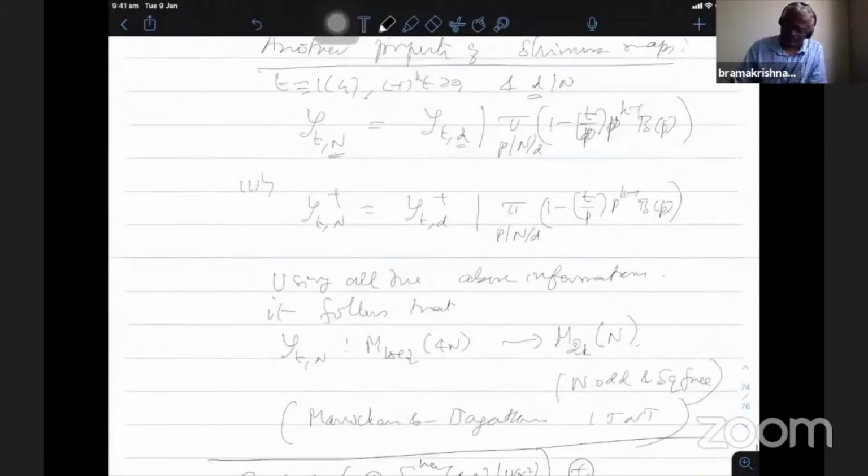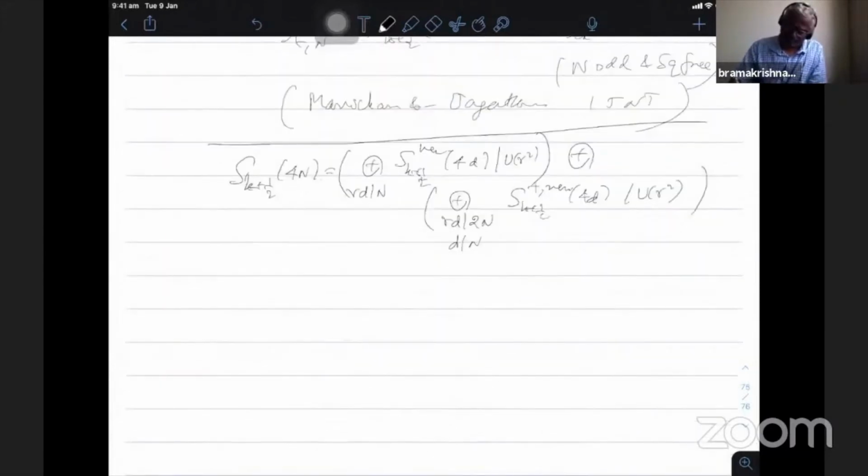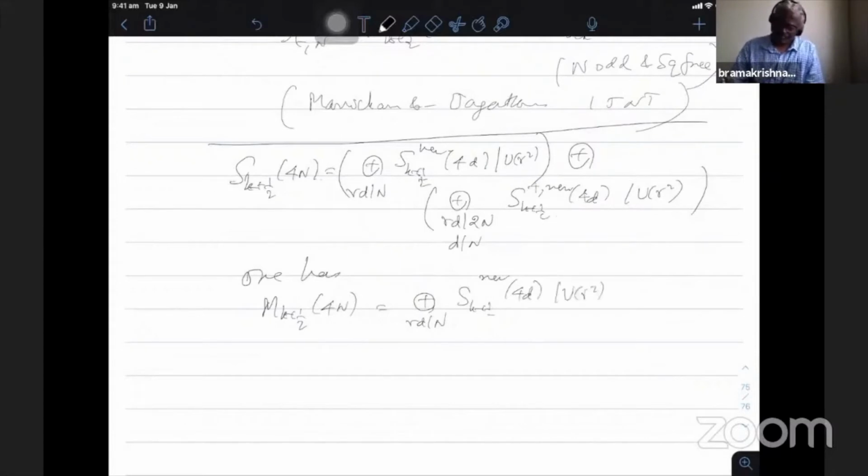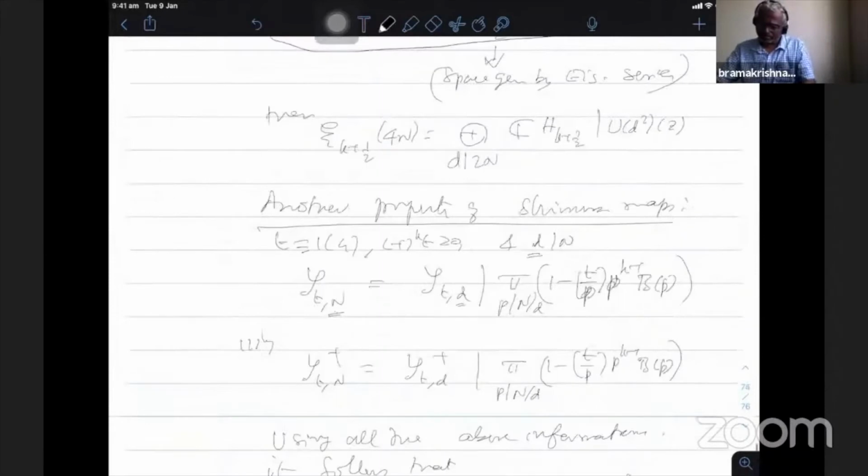So therefore we write: the whole space M_{k+1/2}(4n) is the direct sum over d dividing n of S_{k+1/2}(μ(4d)) bar u^2. This one is kept as it is, and the remaining, if I combine with this Cohen-Eisenstein series and its duplication, they all belong to the plus space.